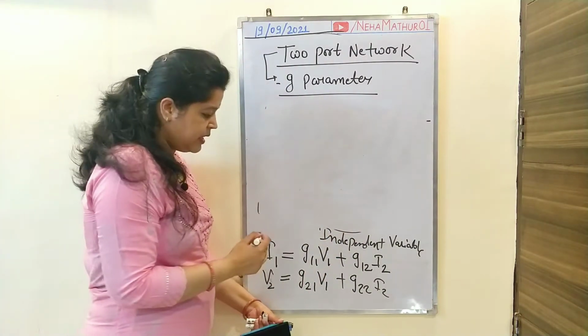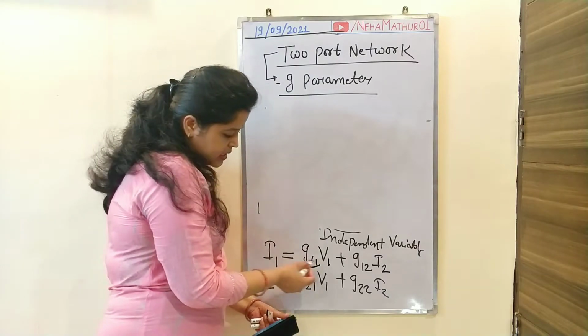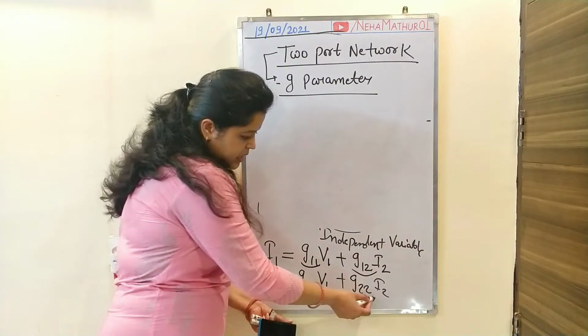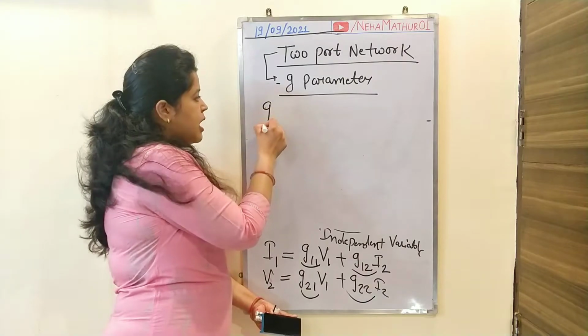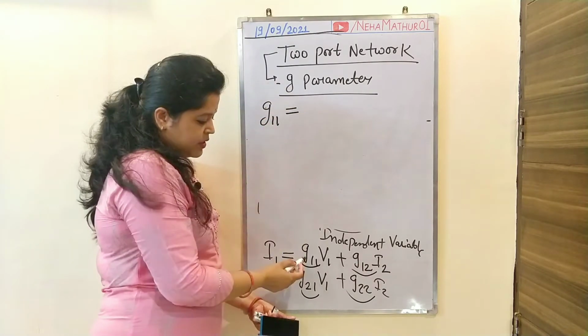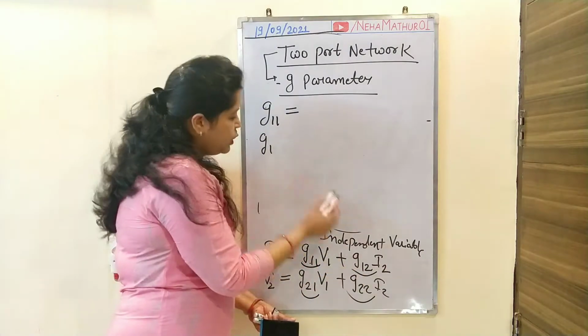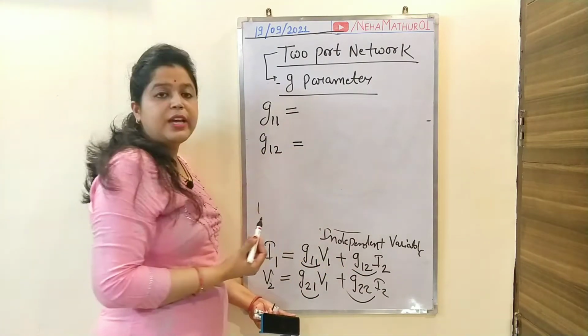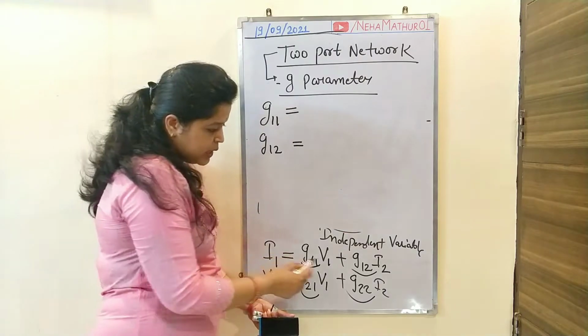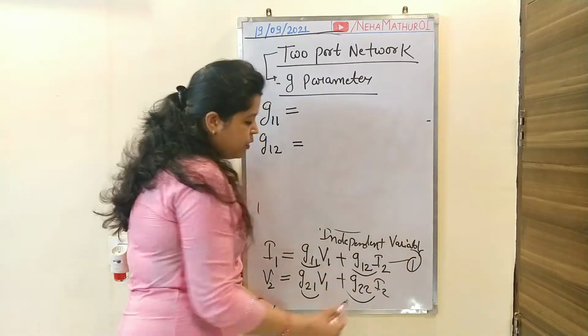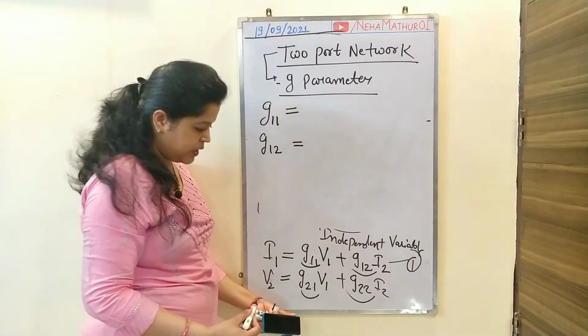Again I have four parameters G11, G12, G21 and G22. I am going to start from G11, which is going to be calculated with the help of equation 1. Similarly G12 is also calculated with the help of equation 1. So equation 1 is going to be helpful for the calculation of G11 and G12.